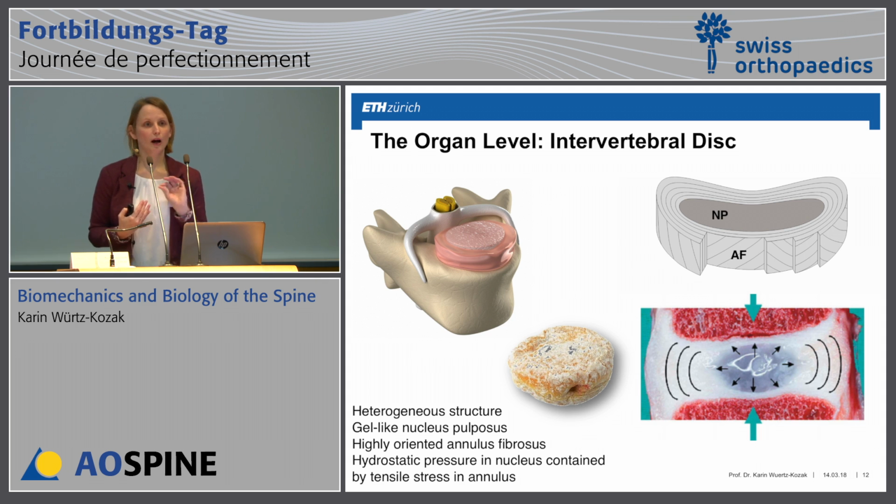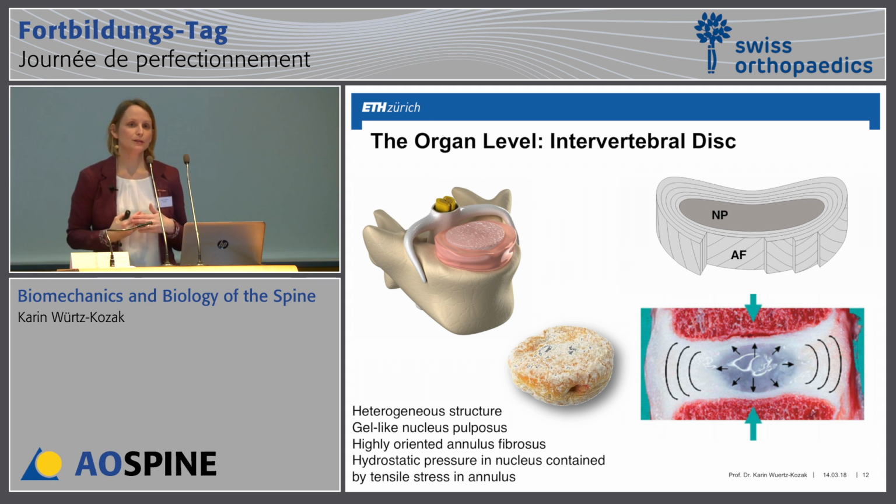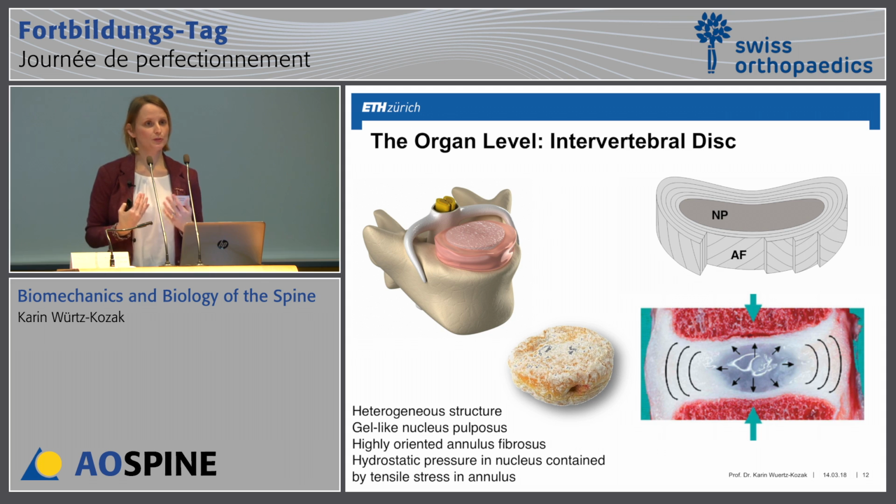But then you have a highly structured annulus fibrosus. In this picture you cannot really see it, but you can see it nicely here. It's highly organized. Collagen type 1 is the predominant collagen that has this highly organized and hierarchical structure. And you have an orientation that is always alternating by certain degrees, like this and this and this, as you can see here in this picture.